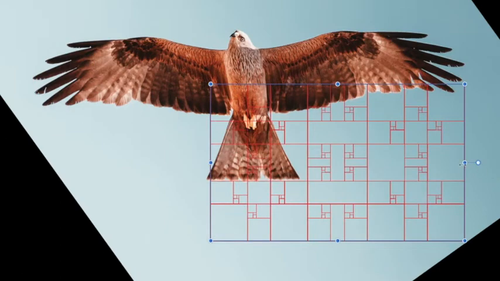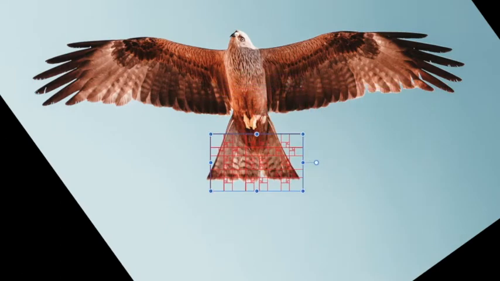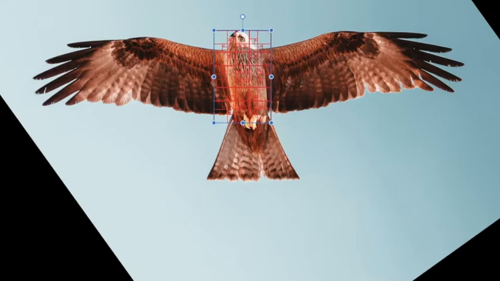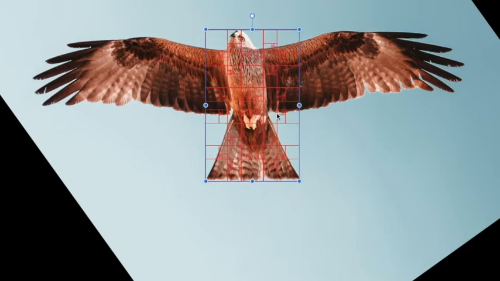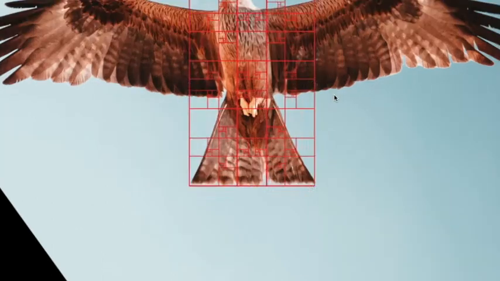So then, if we shrink it down, let's see if we can find a composite of phi rectangles here. We go from the head to the tail. What does that show us? Gives us this nice little square.